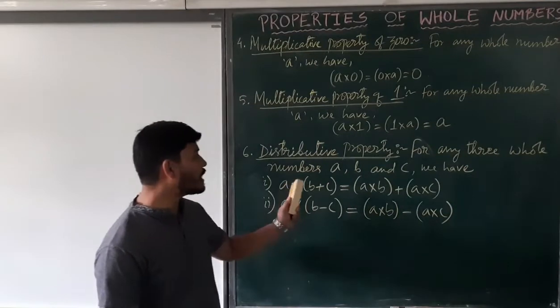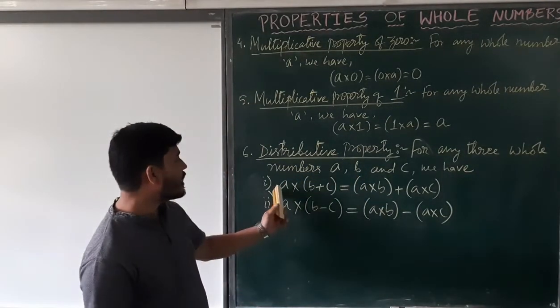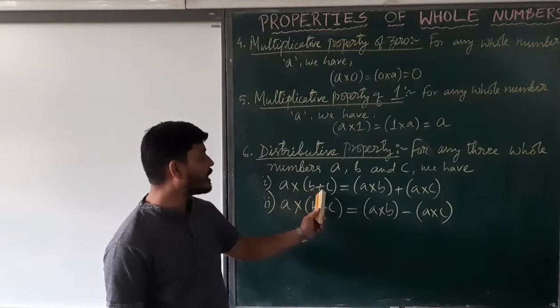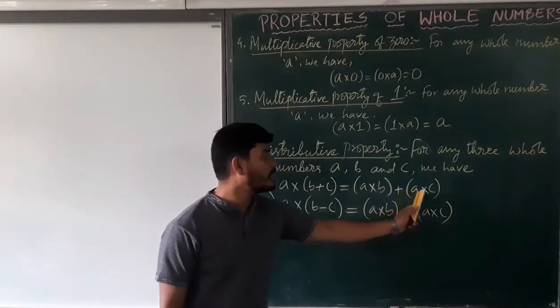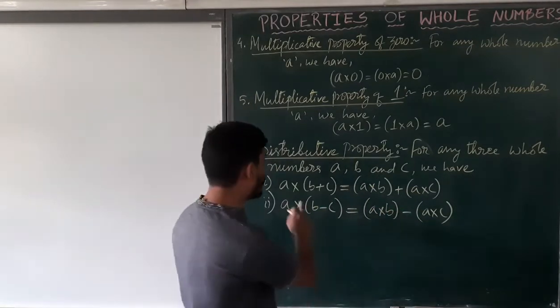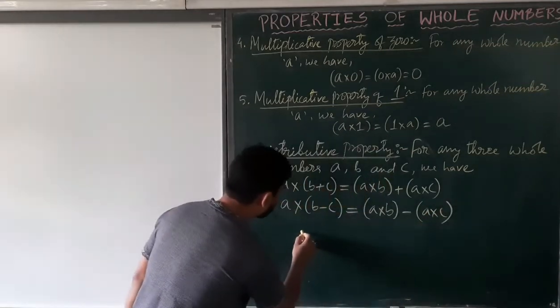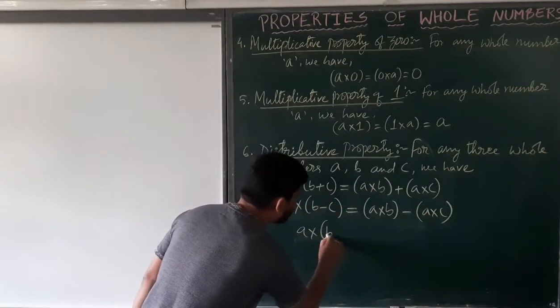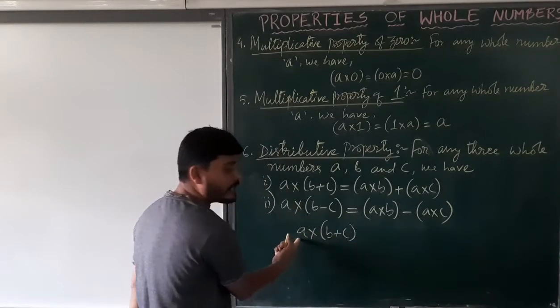For any three whole numbers a, b and c, we have a into (b plus c) is equal to a into b plus a into c. Let me tell you how we are getting this. a into (b plus c) means this whole bracket is multiplying with a.